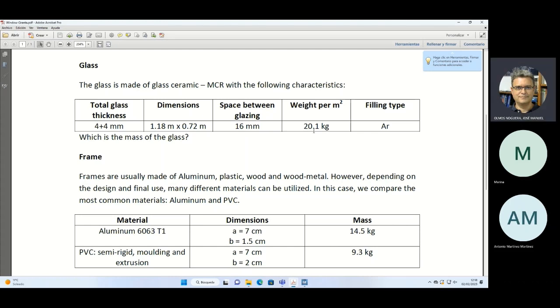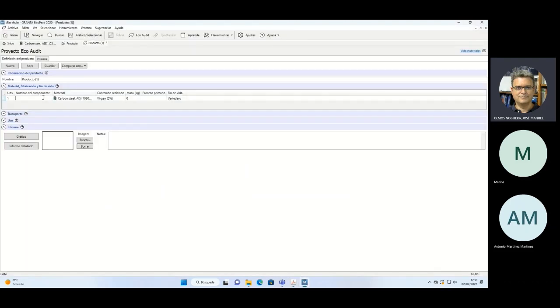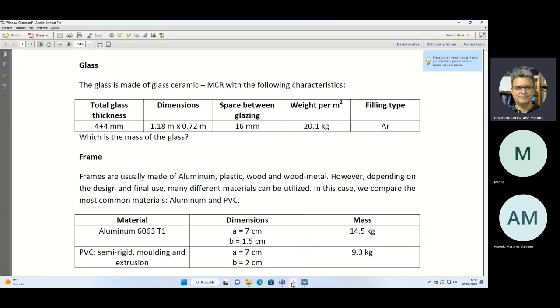So now we have a little bit of information. I just added the glass that we are going to use. This is a regular glass used in construction. It's glass ceramic MCR. So here we grab glass. We can say window, glass, and they say glass ceramic MCR.